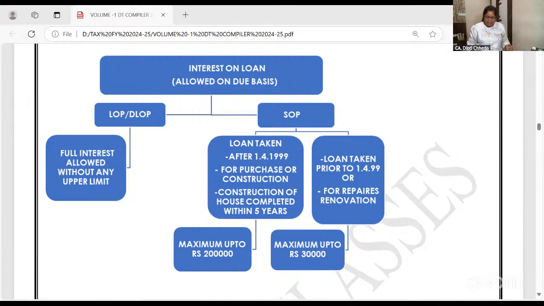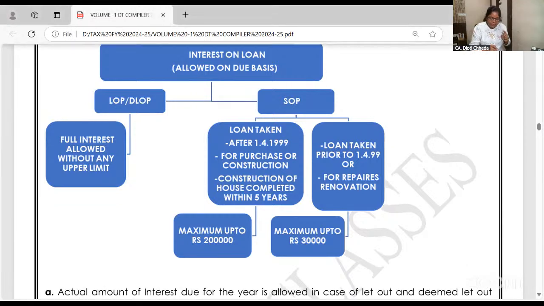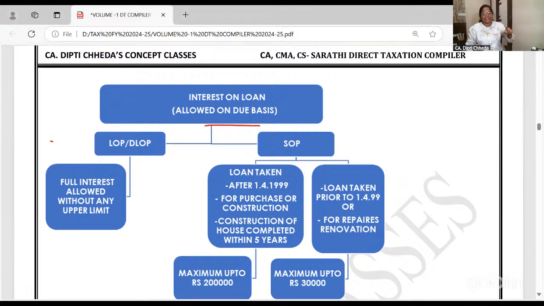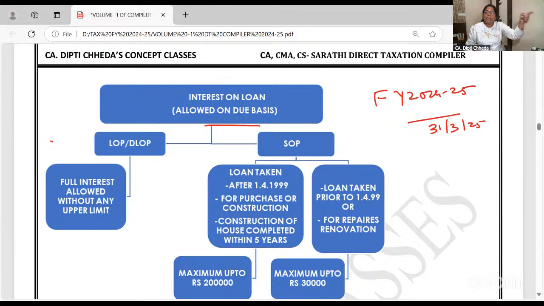Chalo. Let us now quickly see the case of interest on loan. First thing we should know is that interest on loan is allowed on due basis. Our financial year is 24-25, and interest is due but not paid till 31st March 25. Still, interest on the housing loan which you have taken is allowed as expenditure, whereas municipal tax is allowed on payment basis.